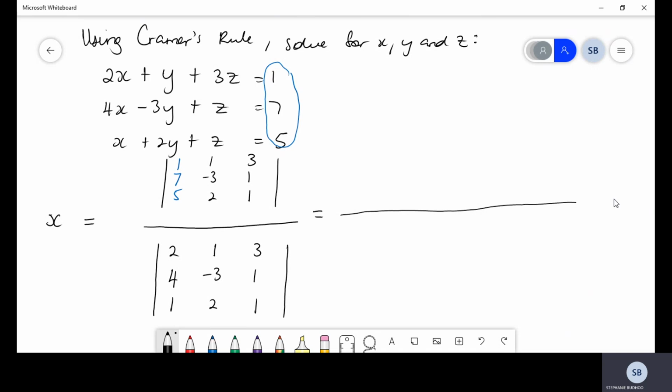But the determinant of this matrix is simply 1 by the determinant of negative 3, 2, 1, 1, subtract 1 by the determinant of 7, 5, 1, 1, and then finally plus 3 by the determinant of 7, 5, negative 3, and 2.